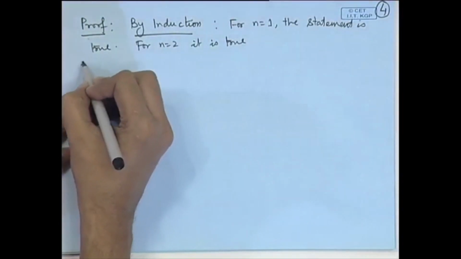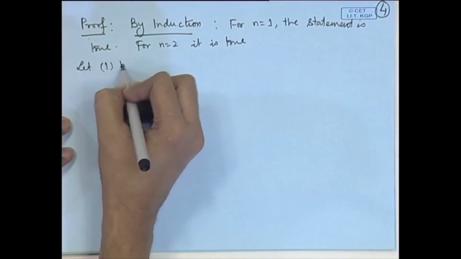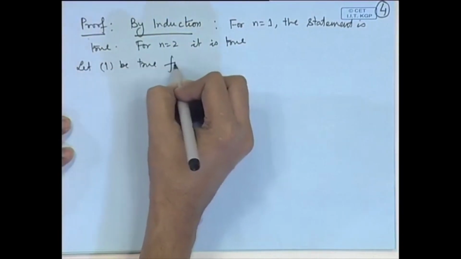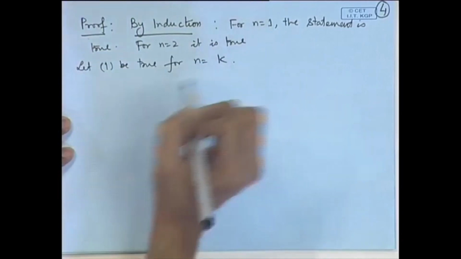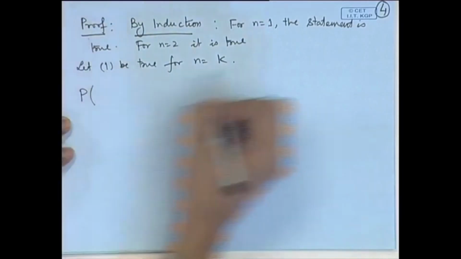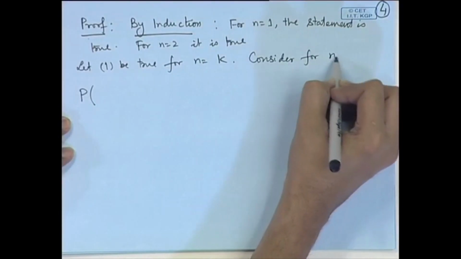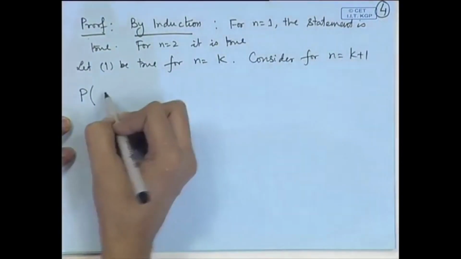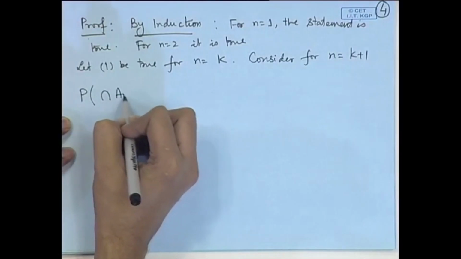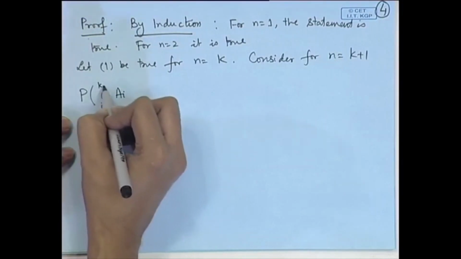So, let 1 be true for n equal to k, and consider n equal to k plus 1. So, probability of intersection Ai, i equal to 1 to k plus 1.